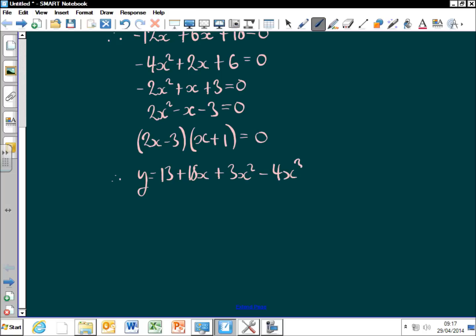This curve here is stationary when x equals -1, because if I put -1 into the right bracket I get 0, and also when x is equal to 3/2, because when I put 3/2 into the left bracket that one goes to 0. So they're the 2 stationary points.